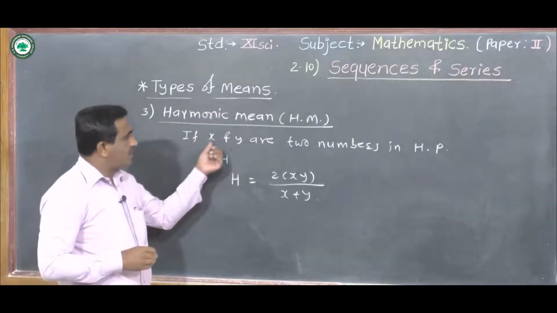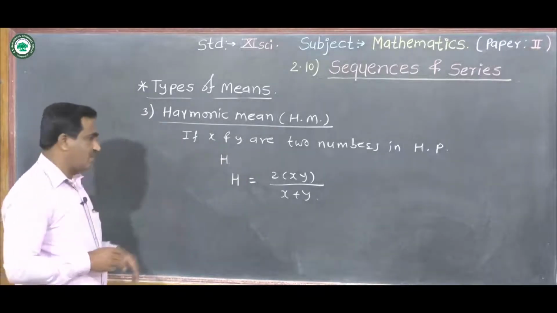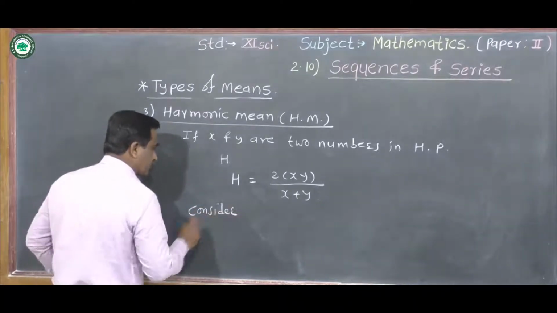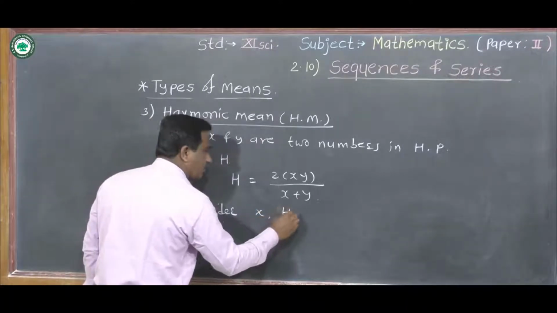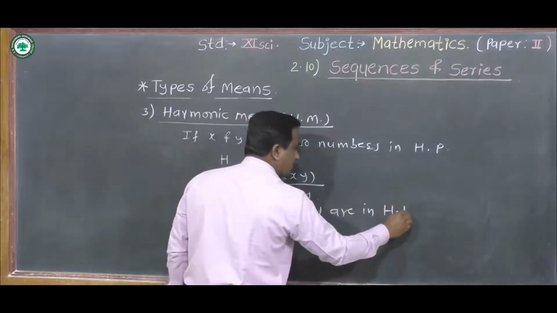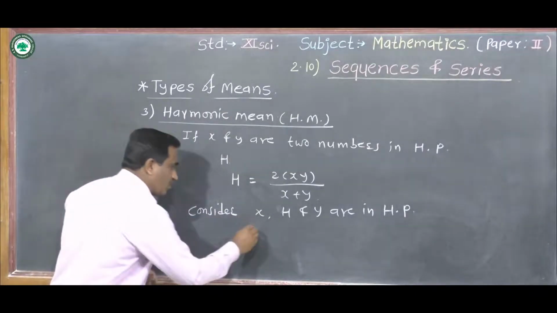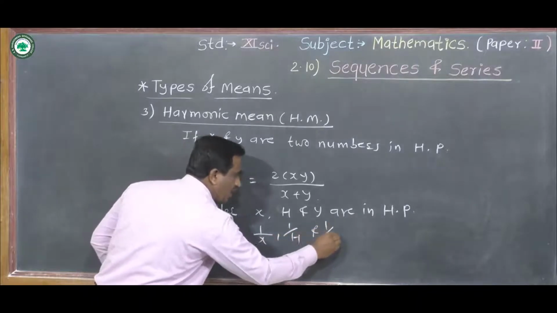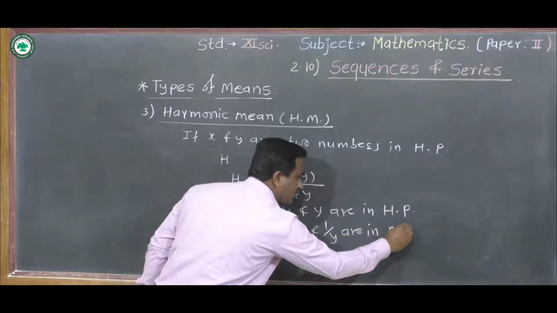Now these two numbers X, Y are in HP. Here also we consider any three numbers in harmonic progression. Consider X, H and Y are in HP. Then the reciprocals of these numbers are in AP, that is 1 upon X, 1 upon H and 1 upon Y are in arithmetic progression.